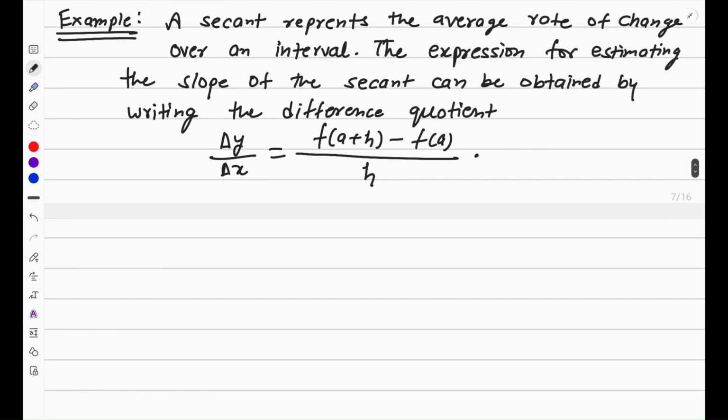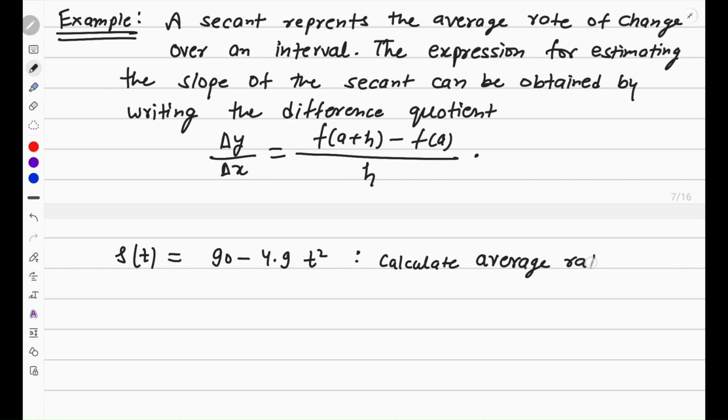Here we are given a function s, which has the variable t, s equals 90 minus 4.9 t square, and we have to calculate the average rate of change for the interval h.